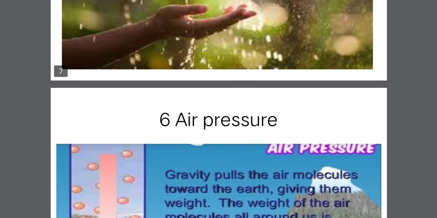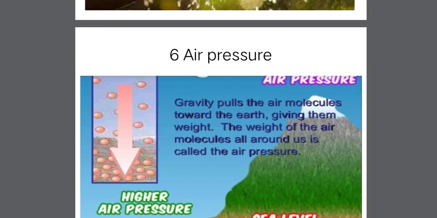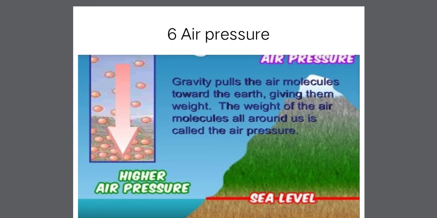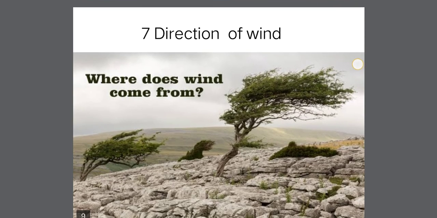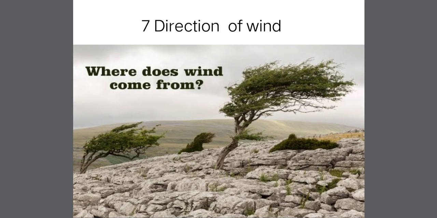Then air pressure. Air pressure can also affect the climate as you gradually go up. Then you come to wind direction. Even in the northern part of Pakistan, they observe the wind in winter time. So how does it change the climate?